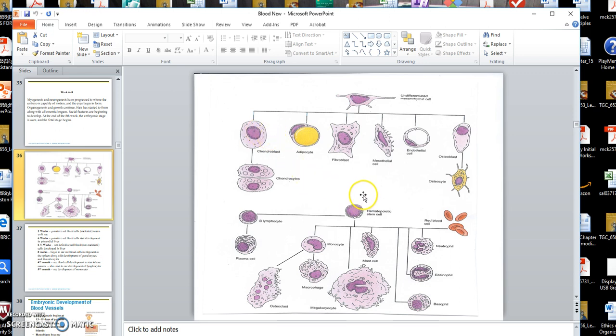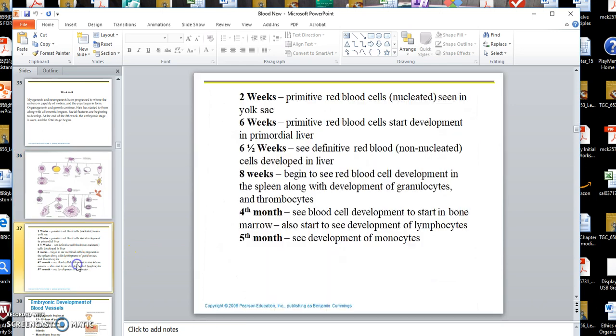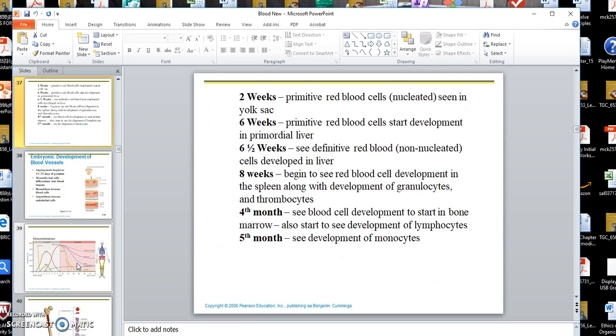But what I'm interested in is something called a hemocytoblast cell. A hemocytoblast cell is the initial blood stem cell. All of your blood-formed elements form from that. So from that you can form your red blood cells, your white blood cells, and your platelets. Okay?